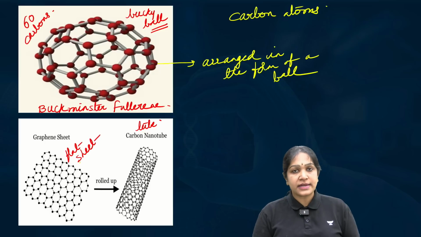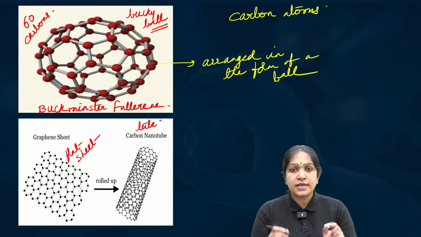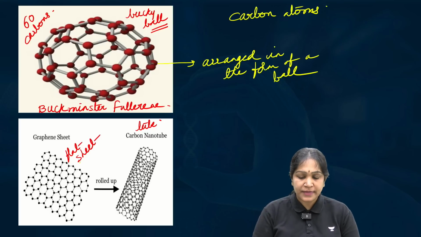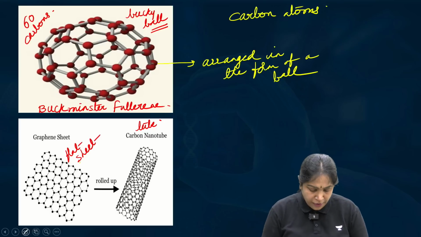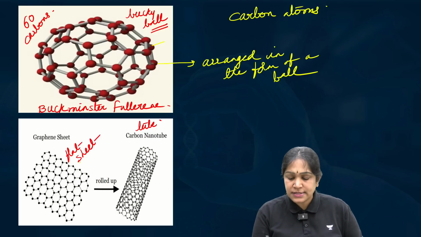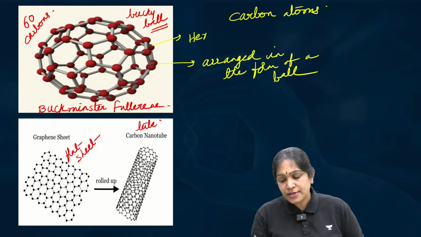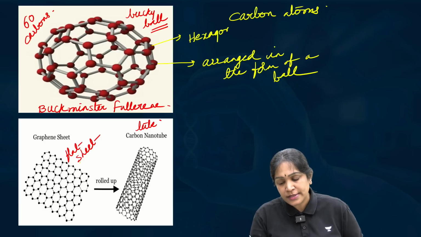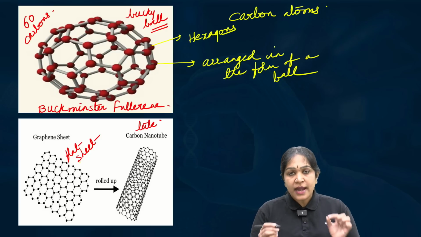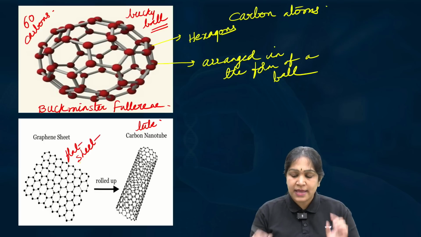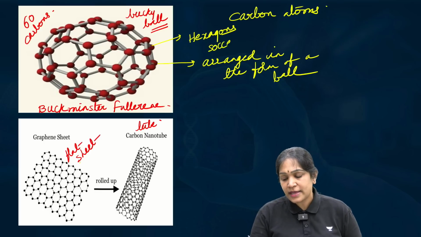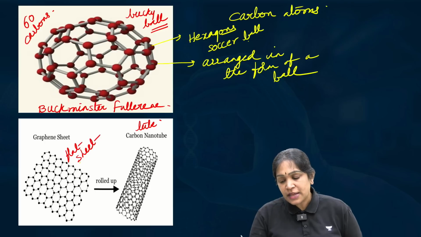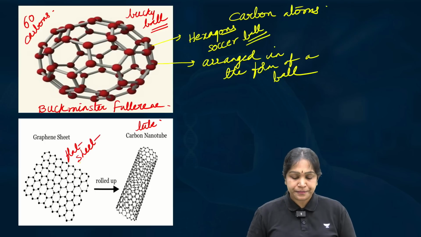How many carbon atoms can we find in this structure? 60 carbon atoms. They are arranged in the form of hexagons. Overall, the structure looks like a soccer ball, like a football. Therefore it is called buckyball.